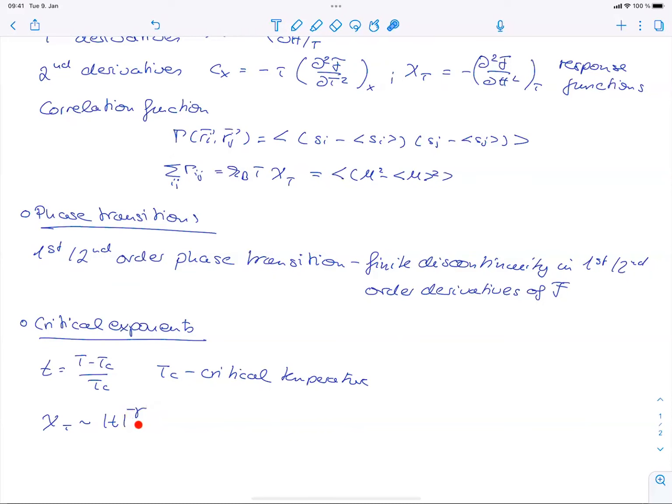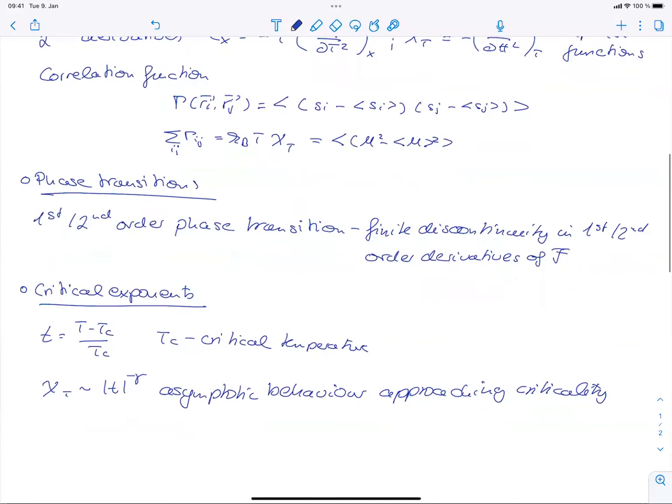And we will be able to classify very diverse systems into the same behavior just by their exponents being the same. And that's then called universality. So this is here now only to describe the asymptotic behavior when approaching criticality.